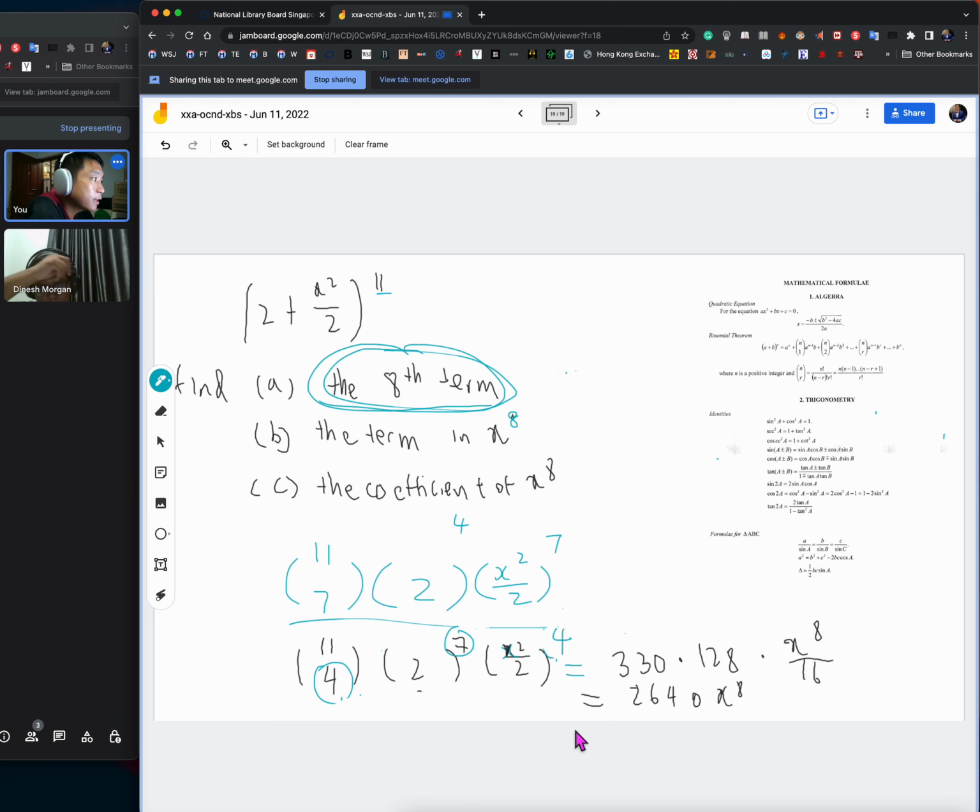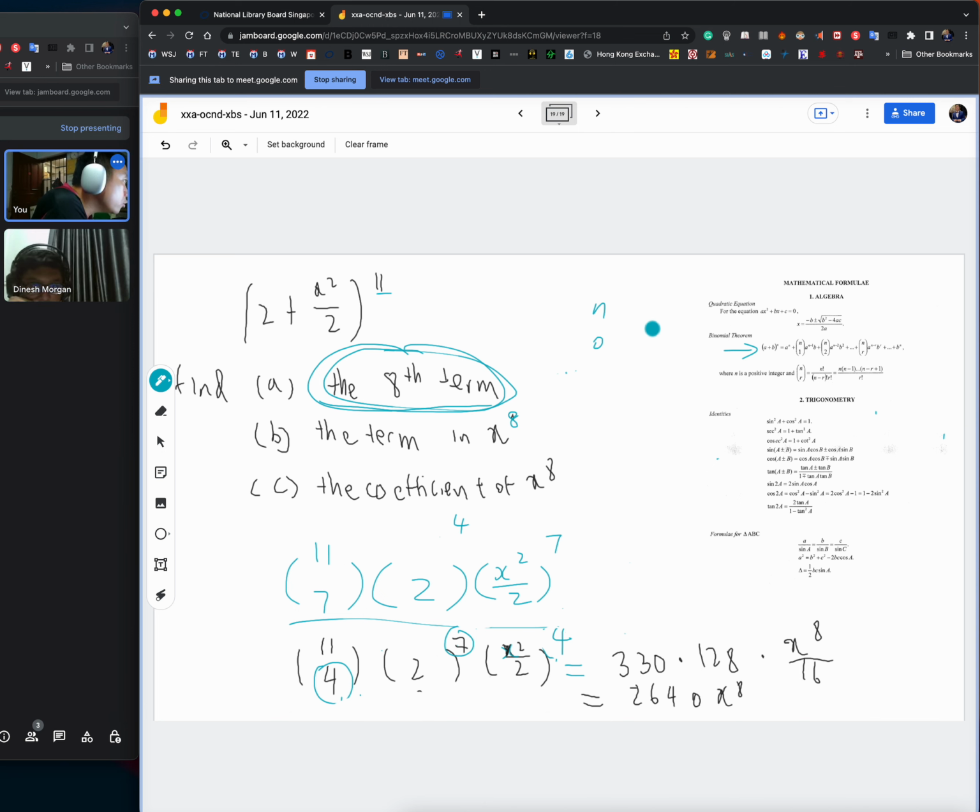Okay, good. So if you look at this binomial theorem formula, they start with n choose 0 first. So if we follow this formula sheet, the default is n choose 0.